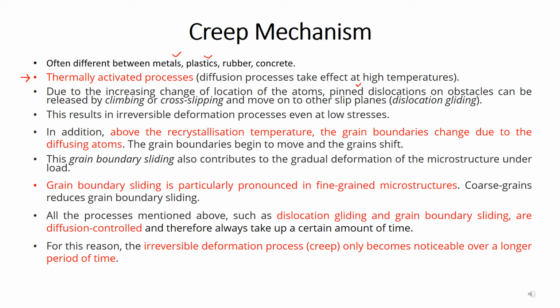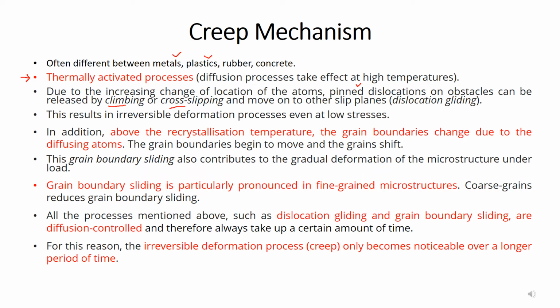Pinned dislocations are the dislocations which are stuck at some point so that they are not moving. At higher temperature those dislocations are free to move, and dislocation climbing and cross slipping occur across the slip planes. These phenomena occur in edge dislocations as well as in screw dislocations. So at higher temperature dislocation movement is free to occur along the slip planes.